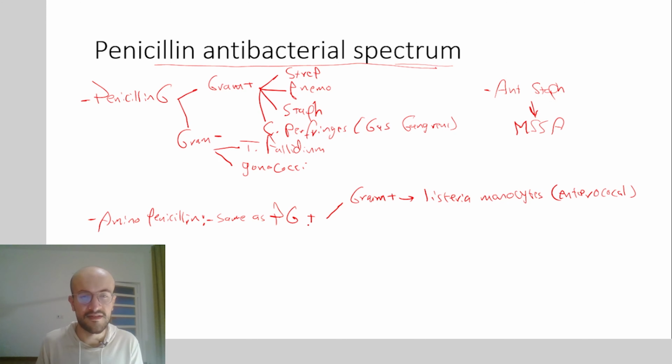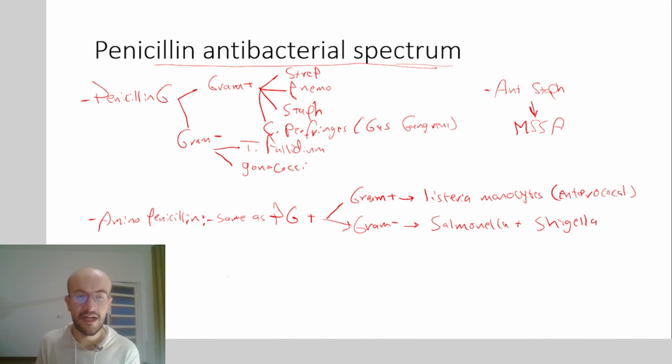Aminopenicillin is also active against gram-negatives, including Salmonella, which causes typhoid fever, and Shigella, which causes dysentery. Now about the anti-pseudomonal penicillins.